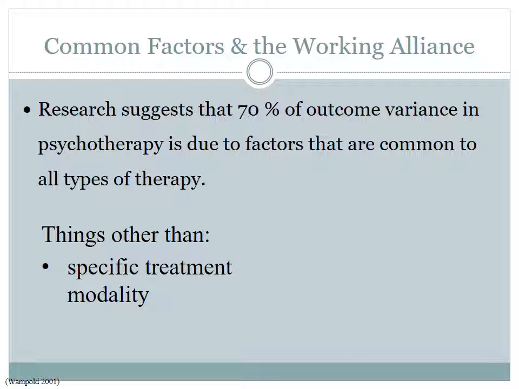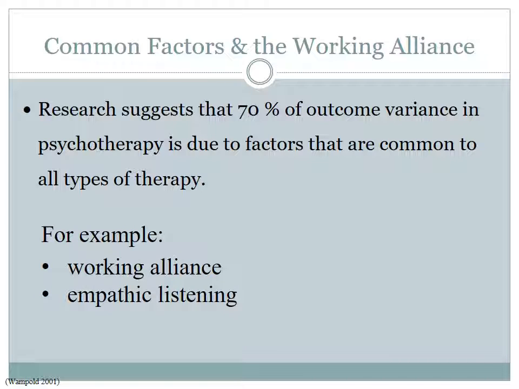Obviously, we want to find a theoretical orientation that works for us and that we understand pretty thoroughly, but really, the type of theory and the specific theory and technique has far less to do with how well folks do after therapy than these common factors, which are also characteristics that can be inherent in counselors.